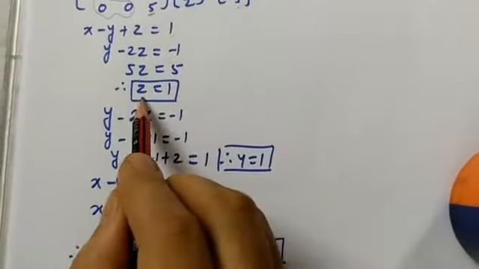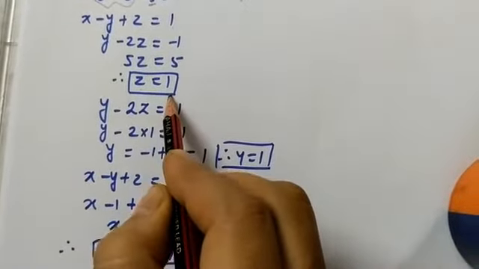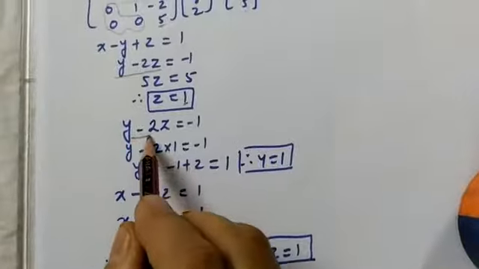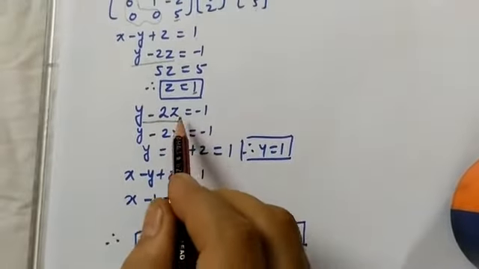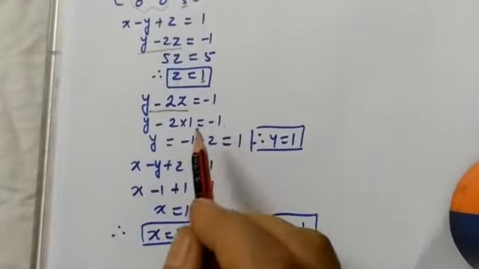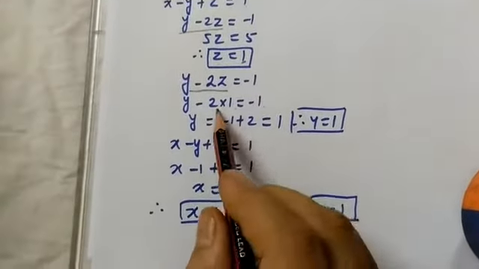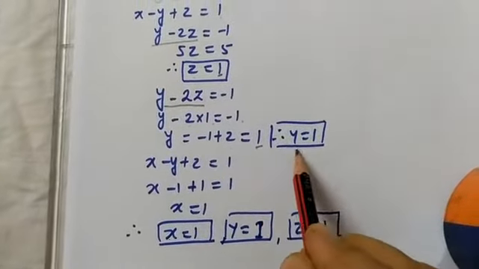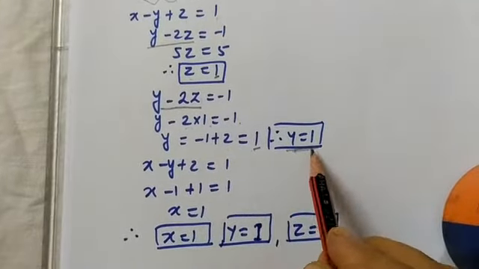So you get the value of z as 1. Now put the value of z in the equation y minus 2z equals minus 1. So y minus 2 into 1 equals minus 1, and y equals minus 1 plus 2, which is 1. Therefore the value of y is 1.